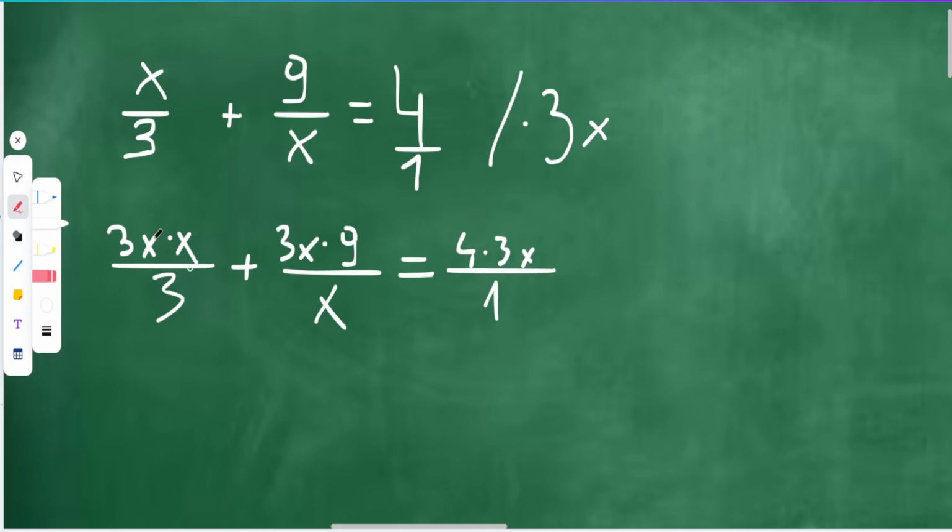We can reduce these fractions. For example, here 3 with 3, we can reduce x by x, and here we cannot reduce anything. Let's write down the results. We have x squared plus 3 multiplied by 9, which is 27, equals 12x.